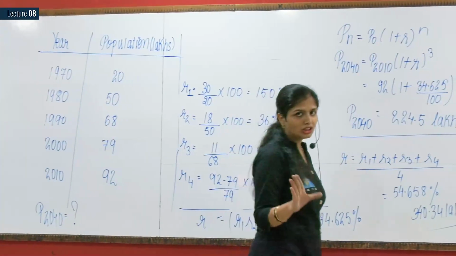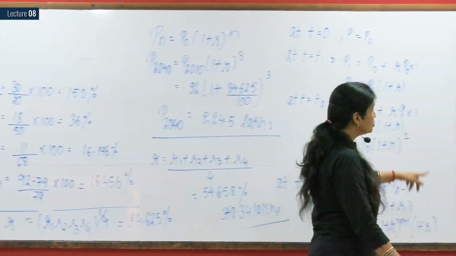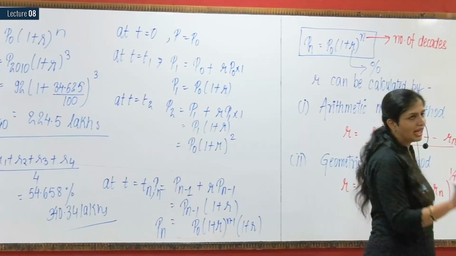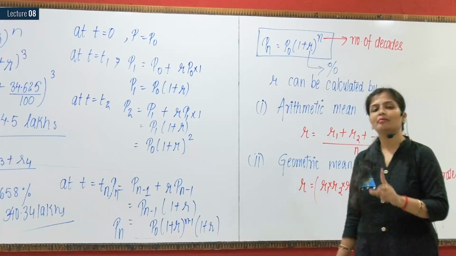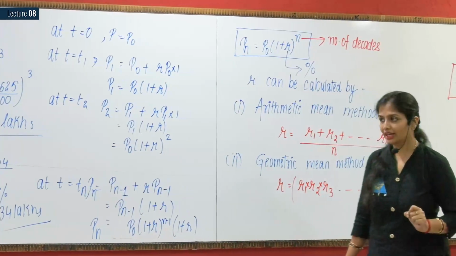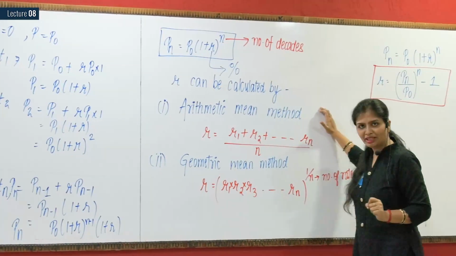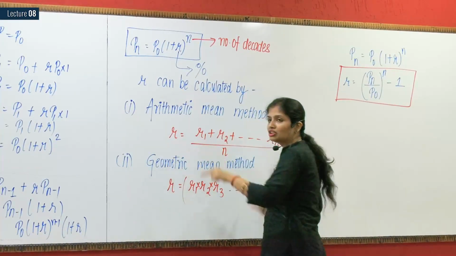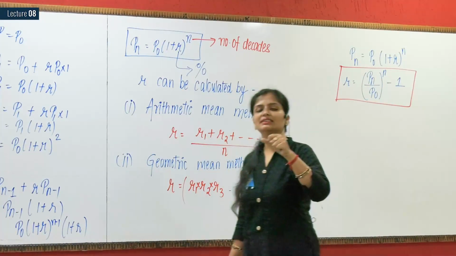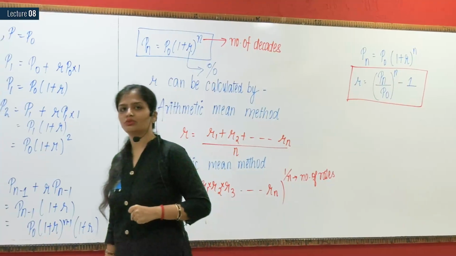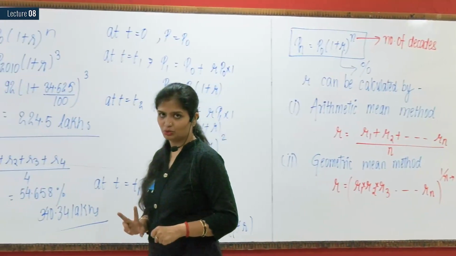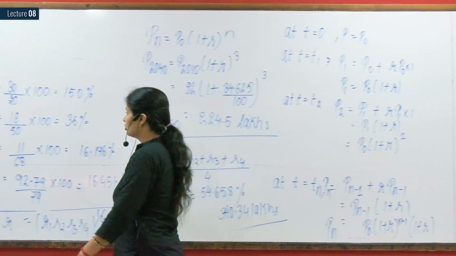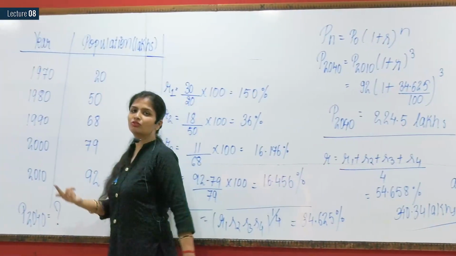Remember, if it is not specified, use the geometric mean method to calculate R. Please don't forget, the arithmetic mean method is a method to calculate R, while the arithmetic increase method is a method for population forecasting. There is a difference between the two. Remember that. We will solve questions on this and then move to the third method.